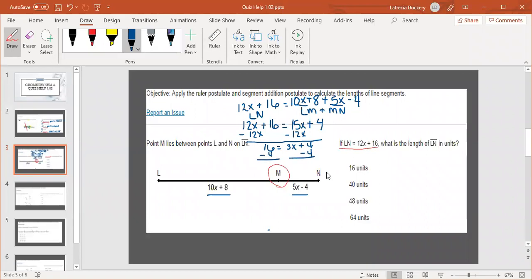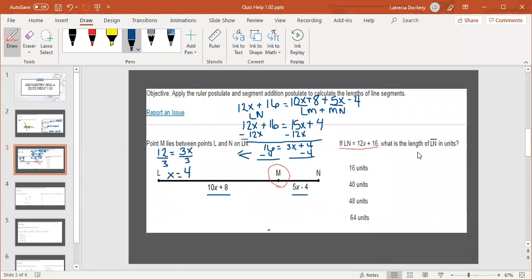Sorry, guys, I didn't leave enough space. So 16 minus 4 gives me 12 equals 3x. Divide by 3. I'm going to flip it around and say x equals 4.